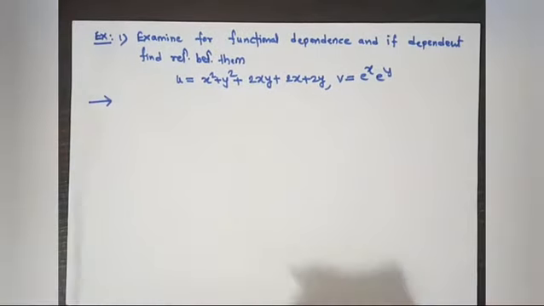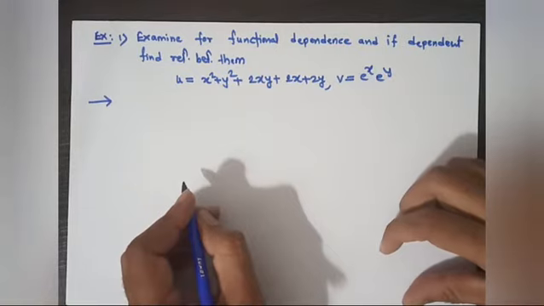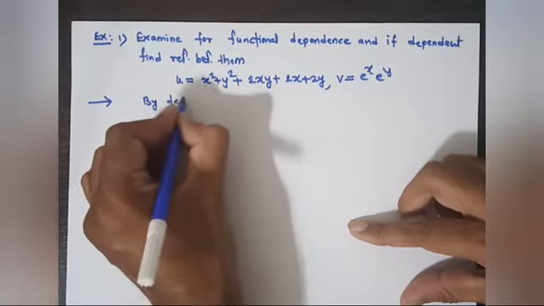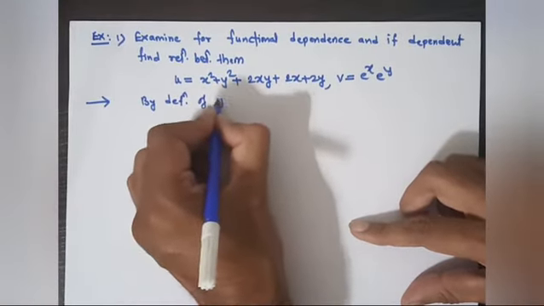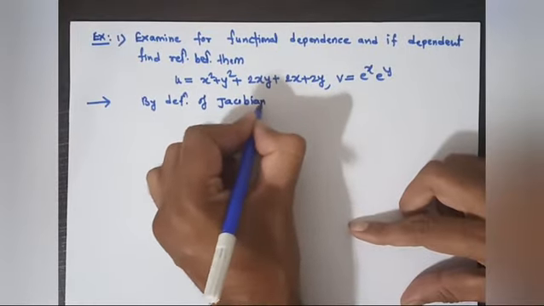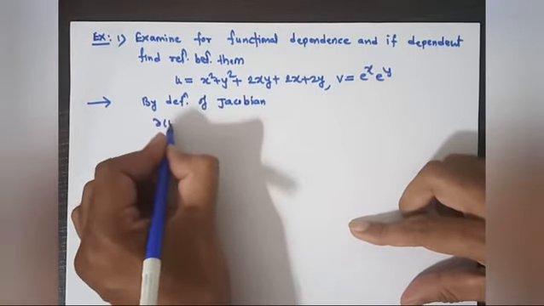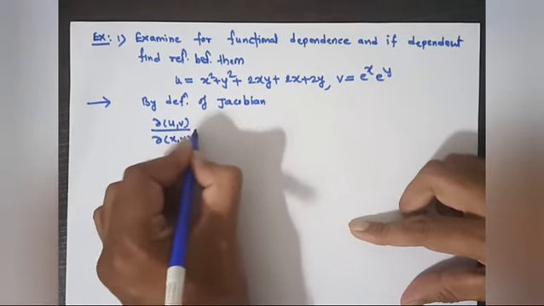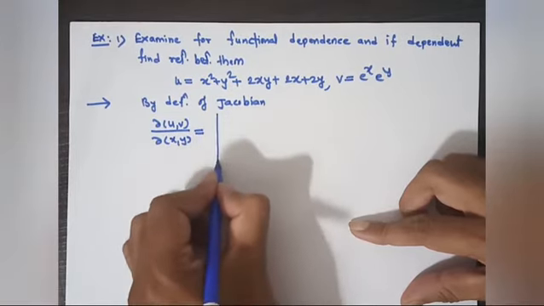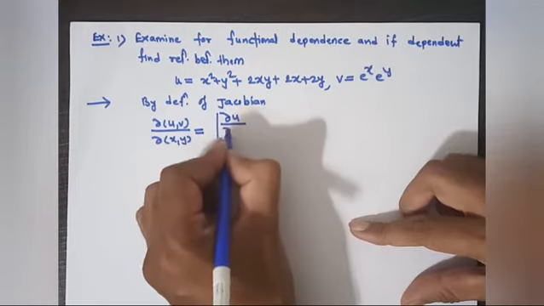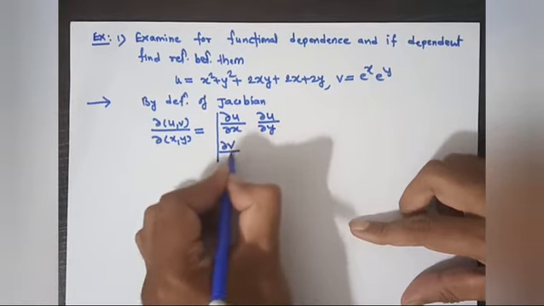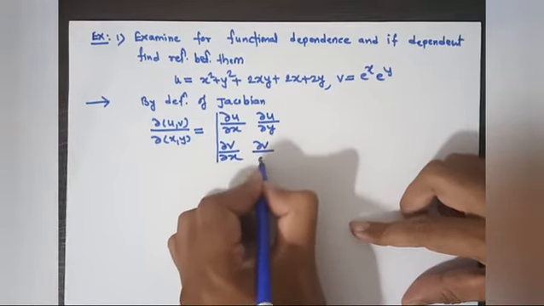Now, what is the method to show that u and v are functionally dependent? So we first find Jacobian of uv with respect to xy. By definition of Jacobian, it is equal to the determinant of partial derivative of u with respect to x, u with respect to y, v with respect to x, and partial derivative of v with respect to y.